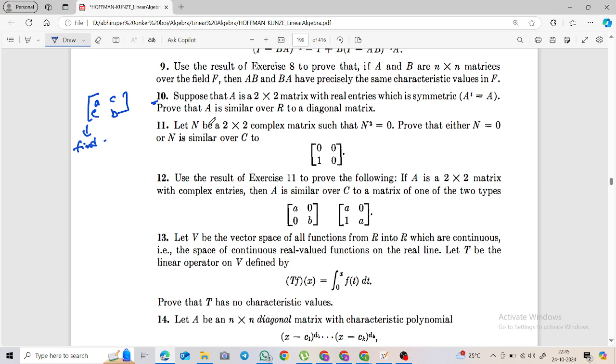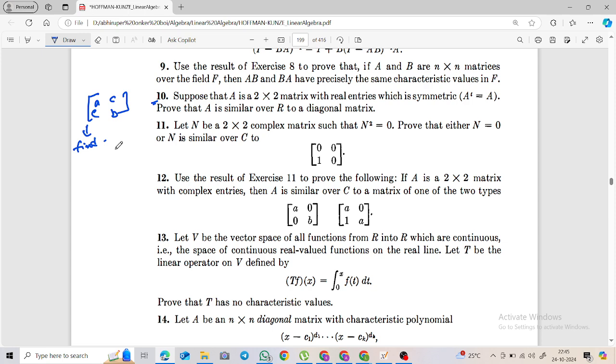Wait a minute. Is that the case? Just write down this and find out the characteristic value. Then you will realize that it has distinct roots.